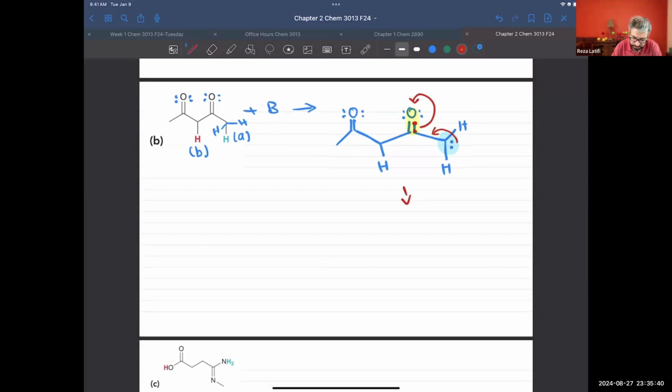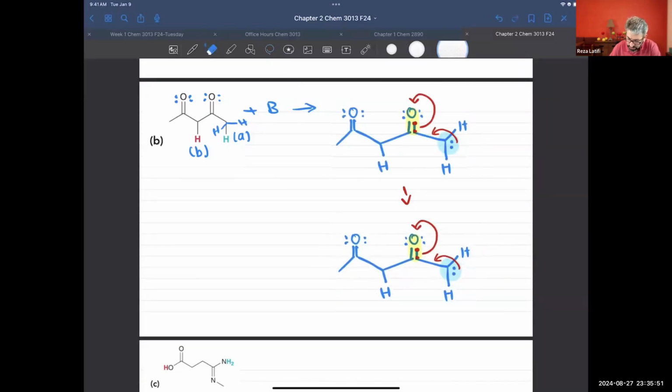We're going to take this structure and paste it there. We're going to get a double bond. So I'm going to erase the lone pair. That lone pair is gone. Now I will have a double bond with oxygen and also break that one, so that one is gone.